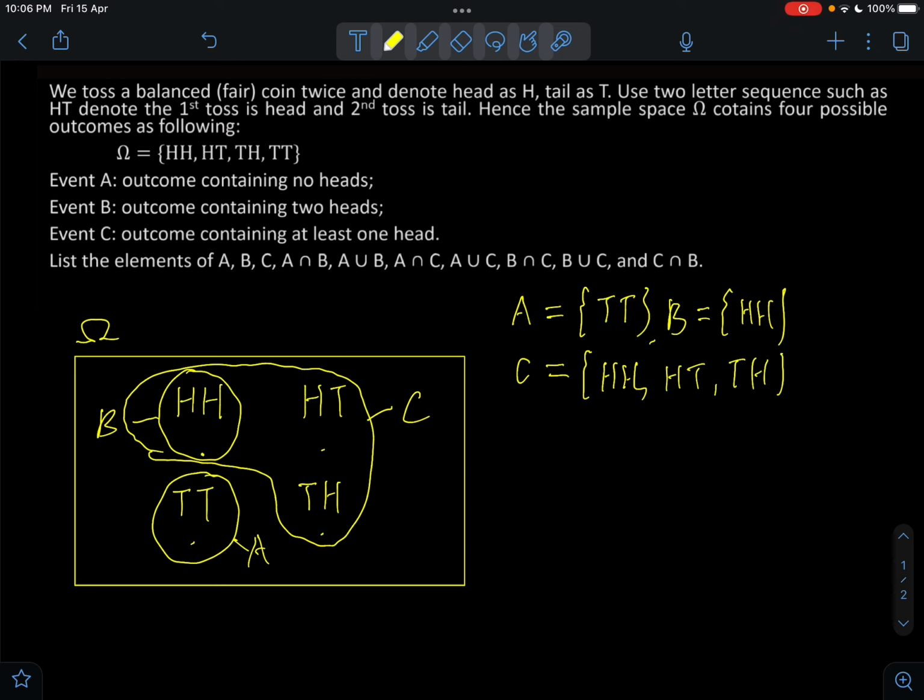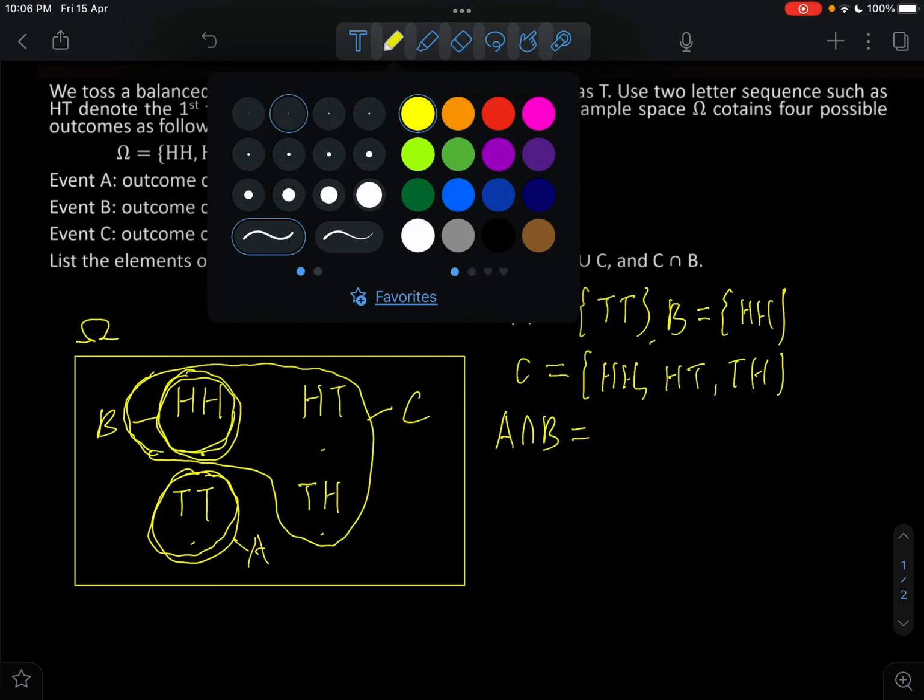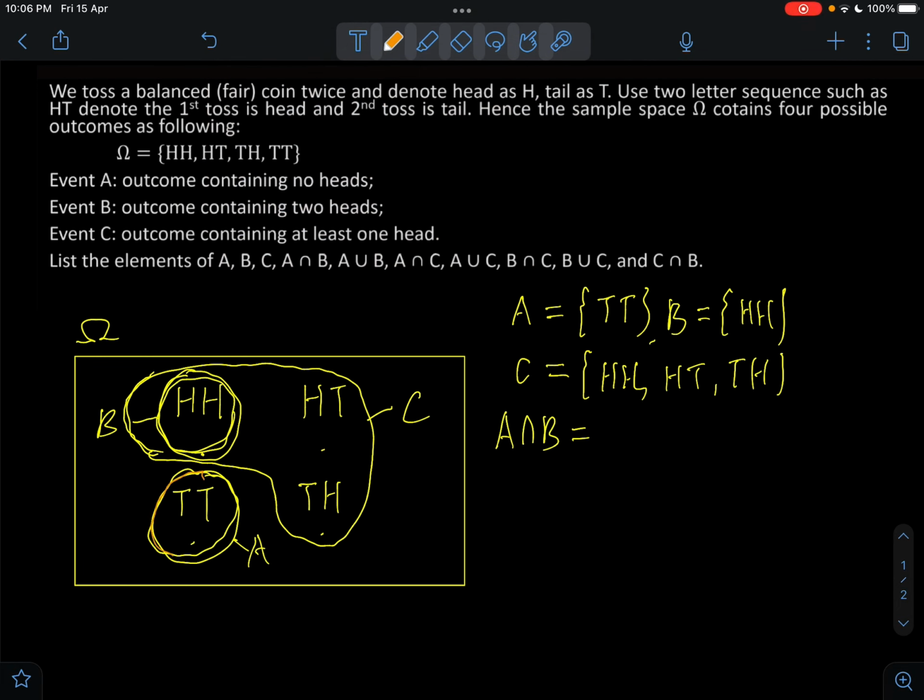Next, we look at a more complicated scenario. We want to calculate the intersection and union of different sets. First, look at the intersection of events A and B. From this Venn diagram, event A is this TT, and event B is nothing but this HH.